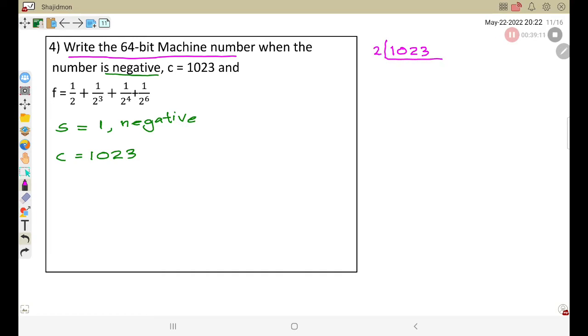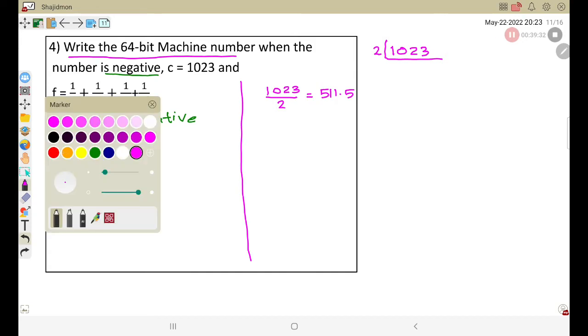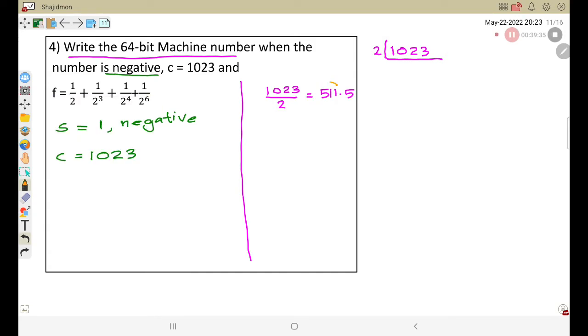I will show here how to find that 11-bit number. 1023 divided by 2, you can check by calculator. What will be the number? 511.5. That means 511 times it goes correctly and 0.5 is remaining.